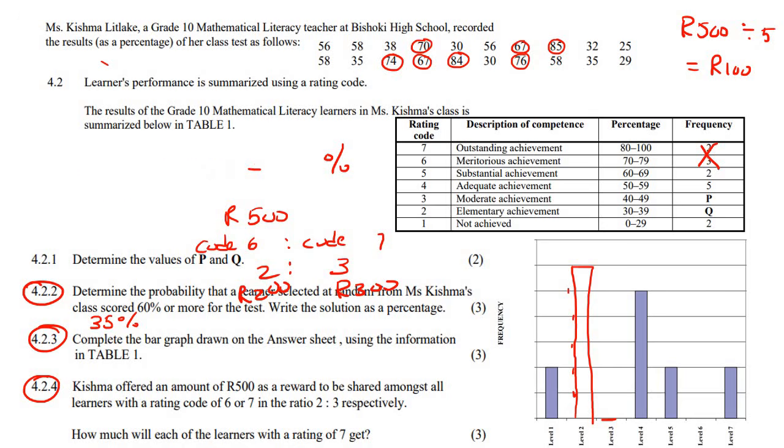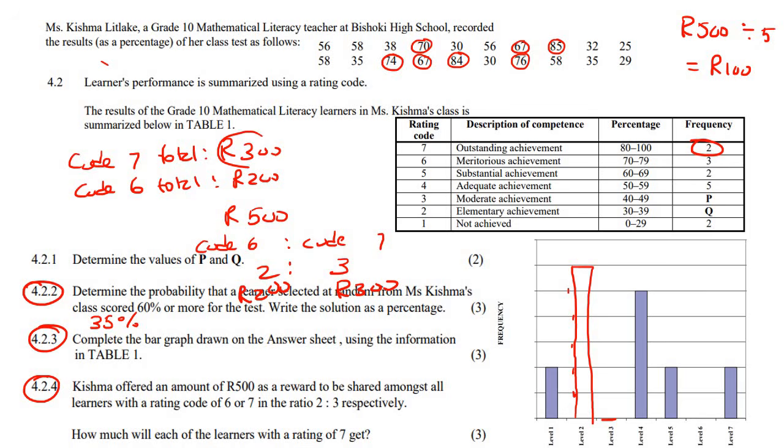So what that means is that the code 7 total is going to be 300 Rand, and the code 6 total is going to be 200 Rand. Now, in code 7, there are 2 learners. So there's 300 Rand being given amongst 2 learners. So how much would each learner get? Well, you would divide this by 2, and that would be 150 Rand that each learner would get.